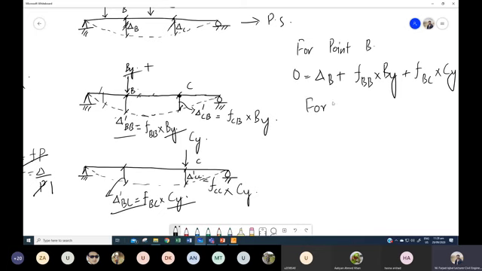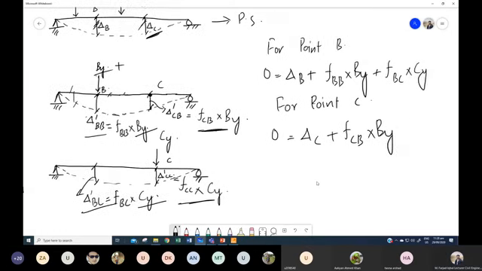And similarly for point C, in the initial structure, the deflection was 0. In this primary structure, we have this deflection as delta C. In this one, we have this deflection as FCB into By. And in this one, we have the deflection as FCC into Cy. I'll come to this point, how we can figure out this one, but obviously this can be correlated with the deflection.